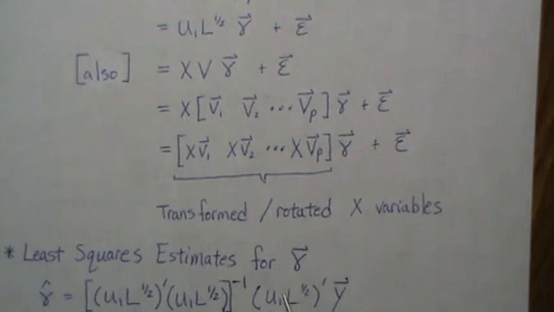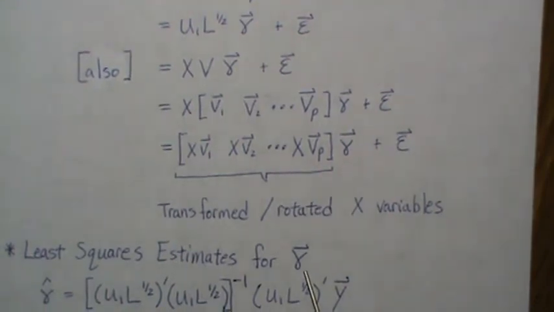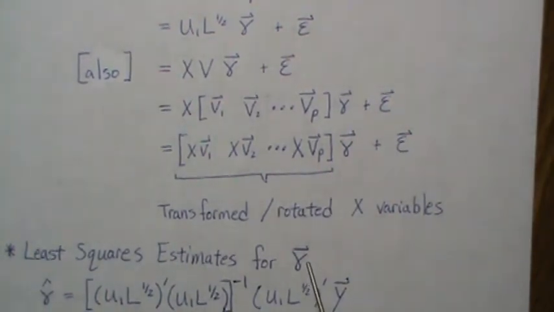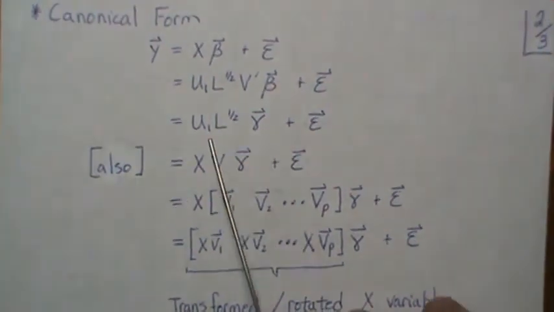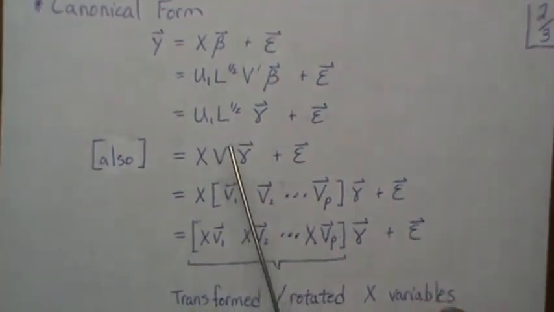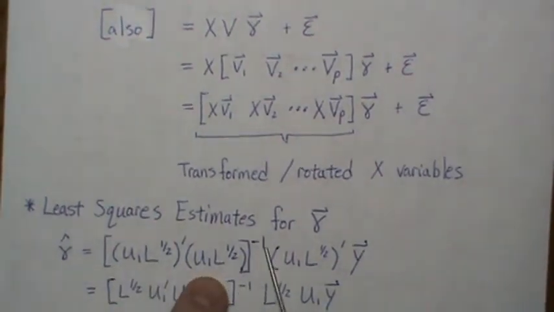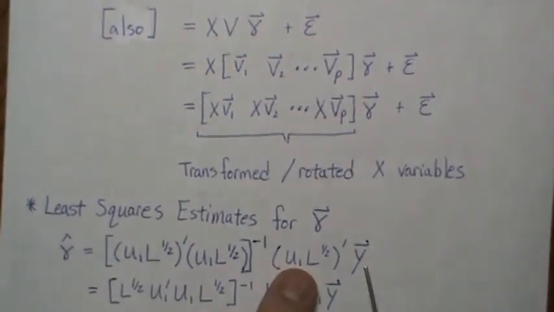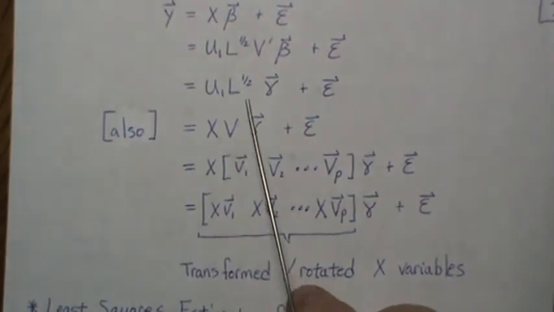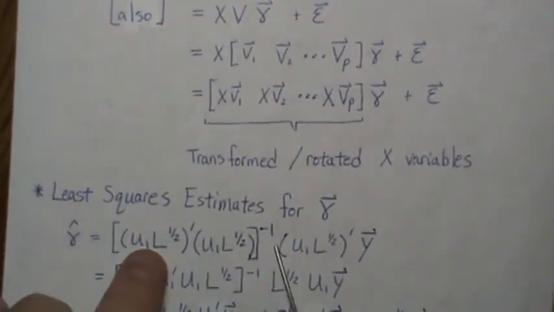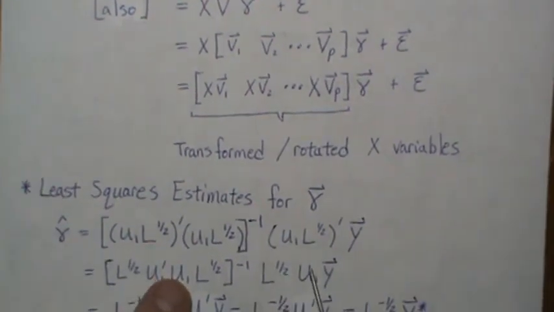So the least squares estimate for gamma, if this is the model, is X transpose X inverse X transpose Y, right? So that's what we get from here. Now let's unpack this.